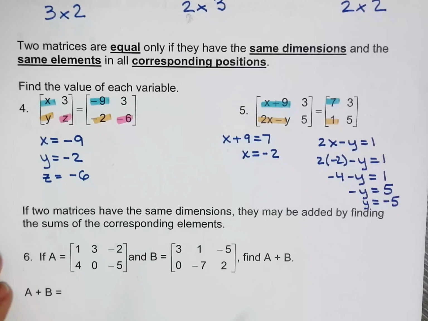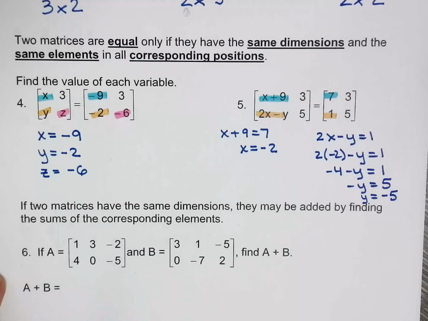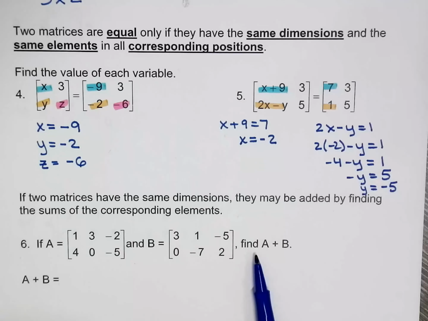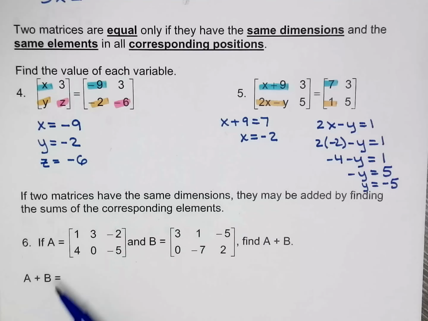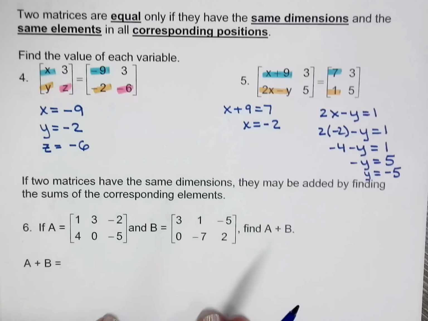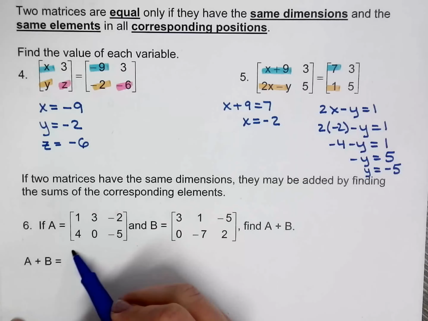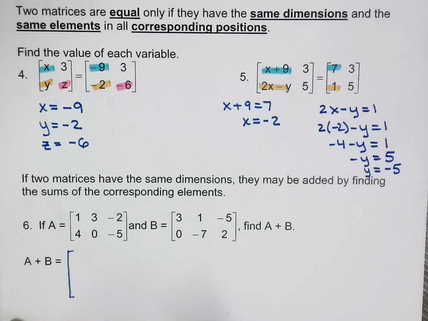If two matrices have the same dimensions, meaning the same number of rows by the same number of columns, then they may be added by finding the sums of the corresponding elements. So right here, we can find A plus B. That means add matrix A with matrix B. The way we're going to do that is to add by position.